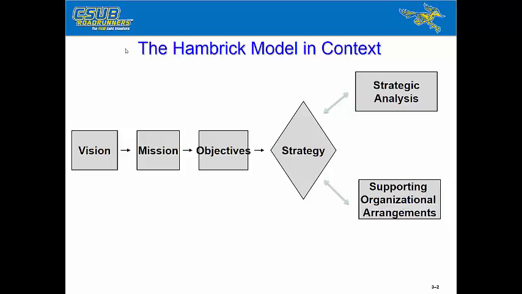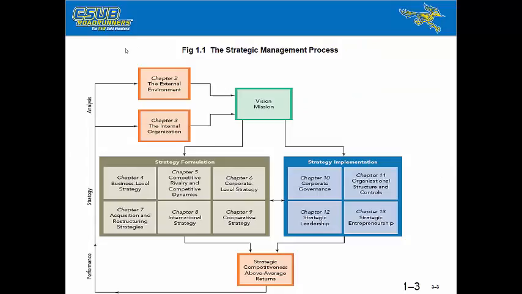So, as we have been the last several weeks, we're still in this section of the Hamburg model right now. In terms of chapters, we're now on chapter 5, competitive rivalry and competitive dynamics.